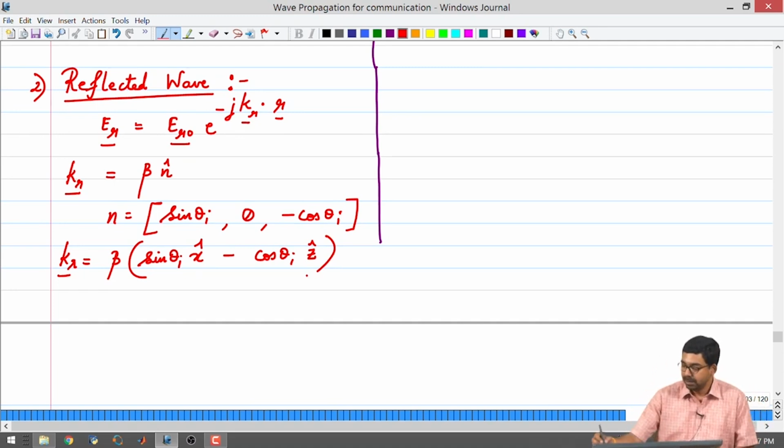Once you have found this, the next step is very trivial now. All you need to do is write down the form for the position vector.